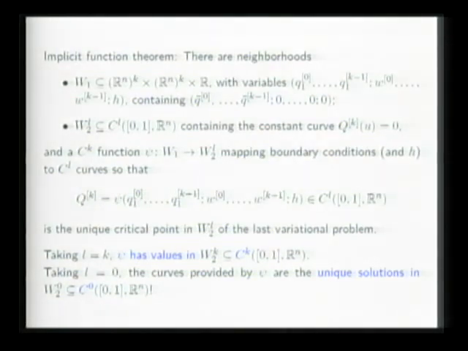But by taking L equals 0, you also know that this will be unique in this neighborhood, which is in Z0. It's a neighborhood of the null curve in Z0, which is a larger space than this one here. So the curves provided by C are the unique solutions in this larger neighborhood in Z0. So you have existence in a small subset and uniqueness in a larger subset.